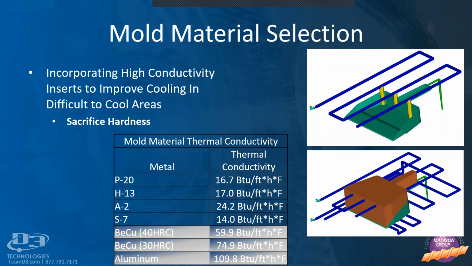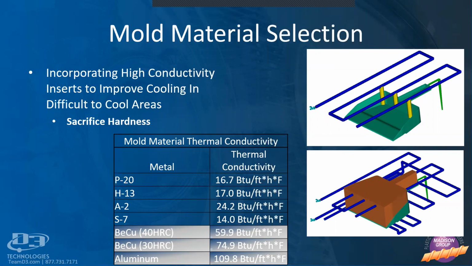So when we think about most of the tools, materials that we're using when we're constructing molds, we're talking about our tool steels, our P20s, our H13s, our A2s, and we can see that the thermal conductivity of these materials, there is some variation, but in general, they're very similar thermal conductivities.